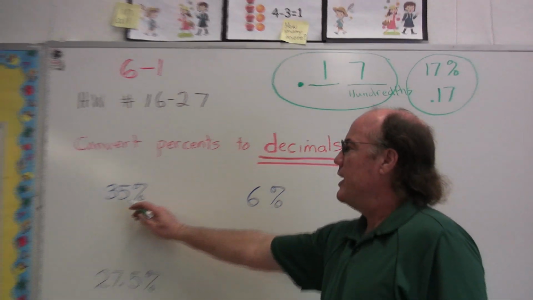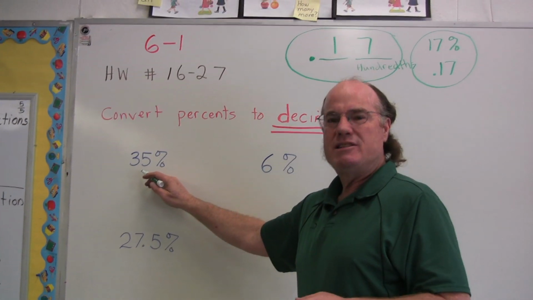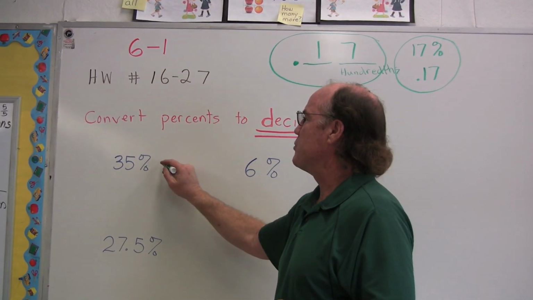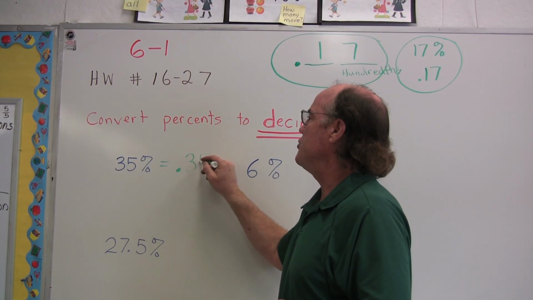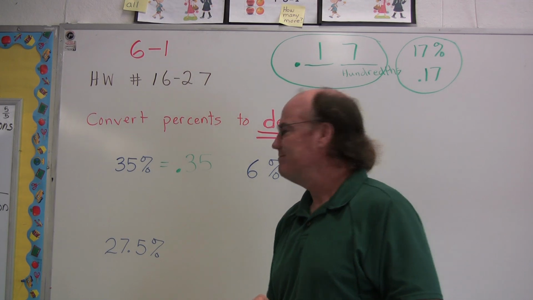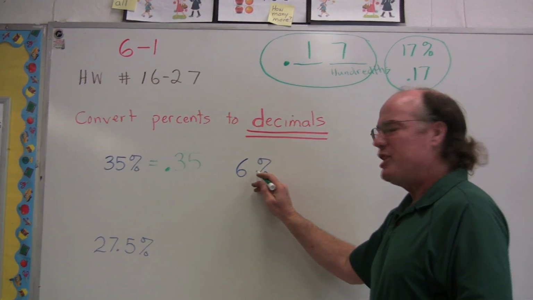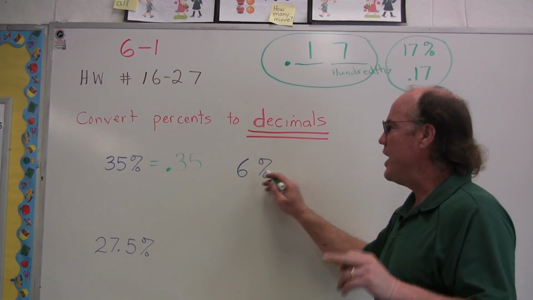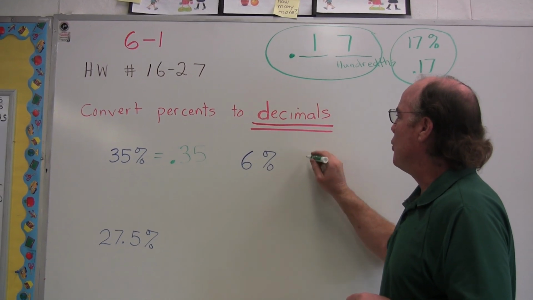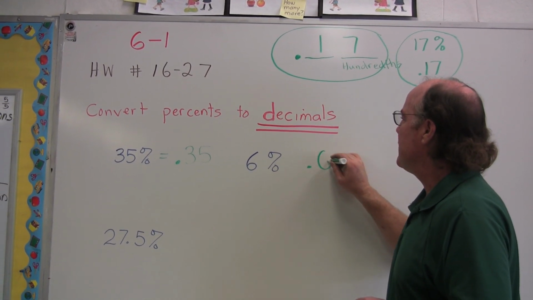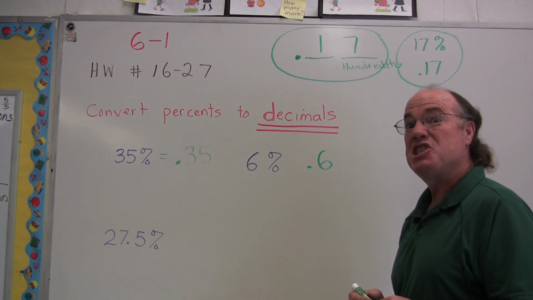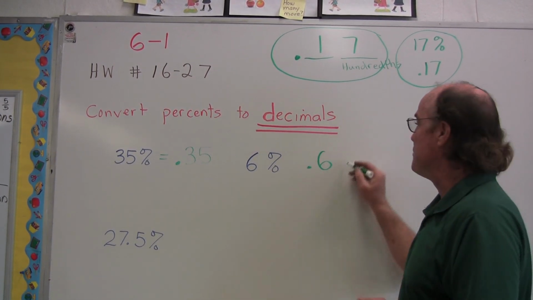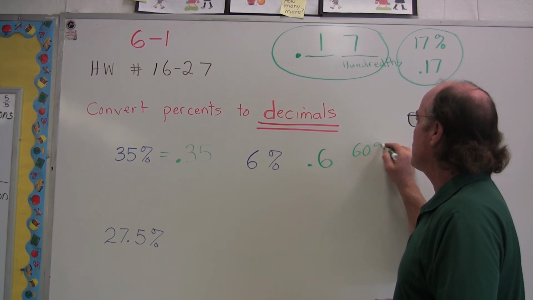Now, let's go to the easy types of problems. 35%, this is so easy. 35 hundredths. 6%. Now we have to watch out. Lots of people would love to go 0.6, but 0.6 is 6/10. 6 dimes is 60%.